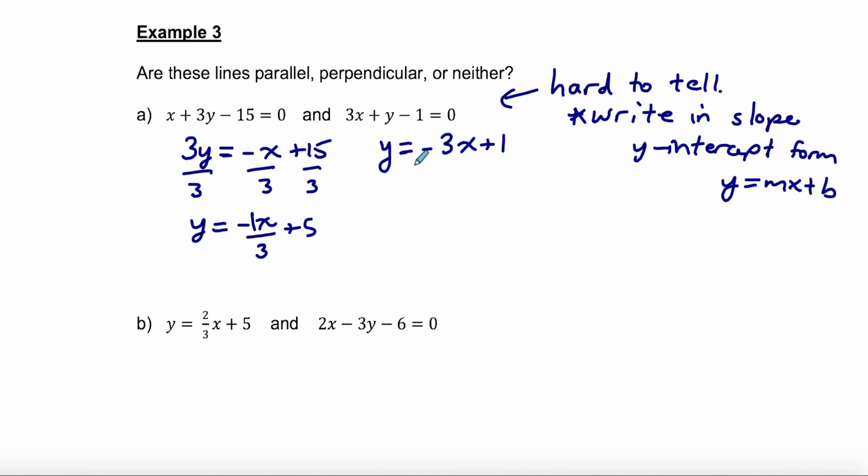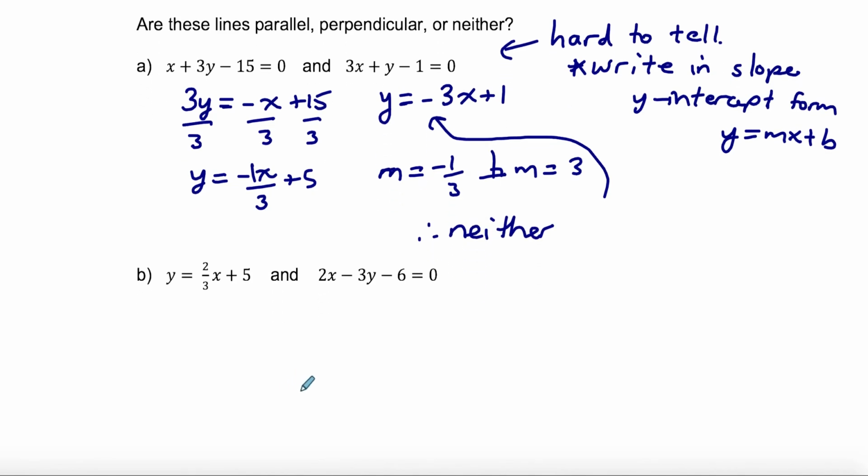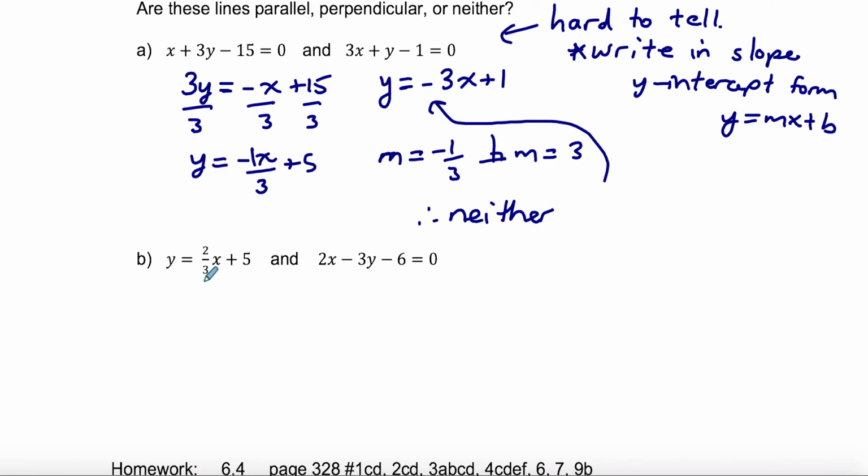So it's kind of close. If I had -1/3 and I had a perpendicular slope, it would be +3/1. So the fact that there's a negative here, these are not perpendicular, they're not the same, so they're not parallel, so these are neither.